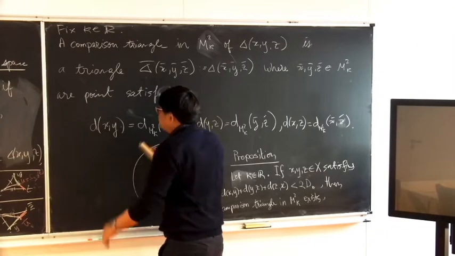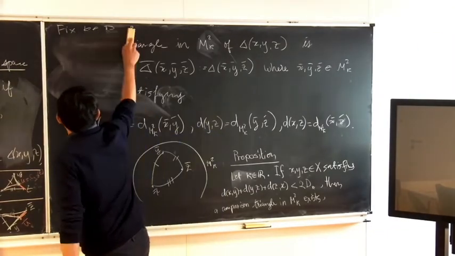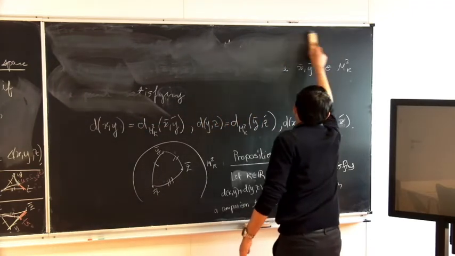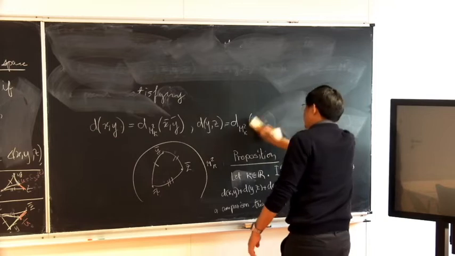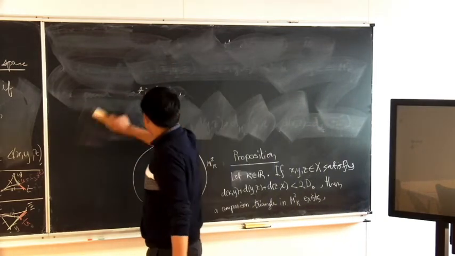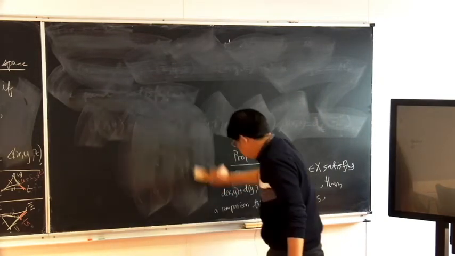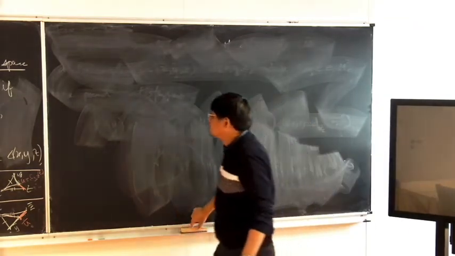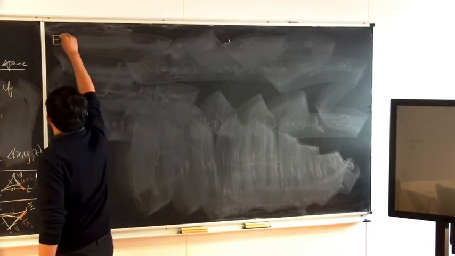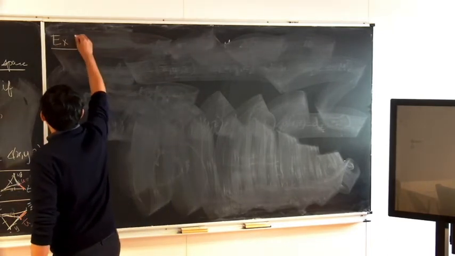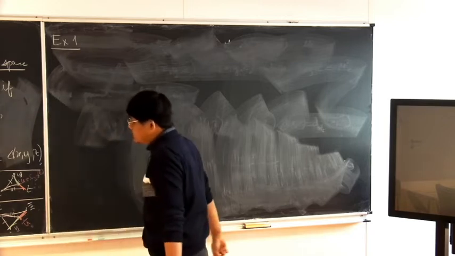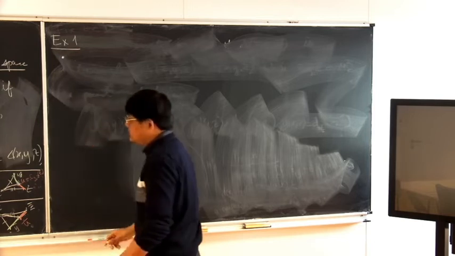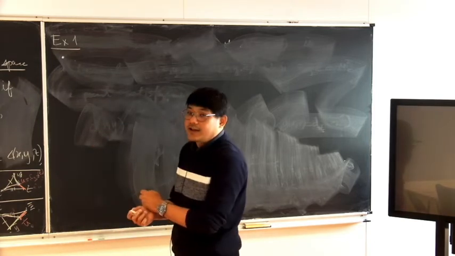Okay, so here is the definition, and here are some examples of famous CAT kappa spaces. So example 1 for today. What are the examples of a CAT kappa space?